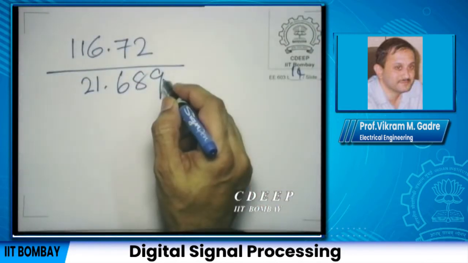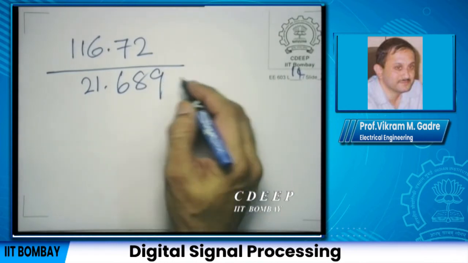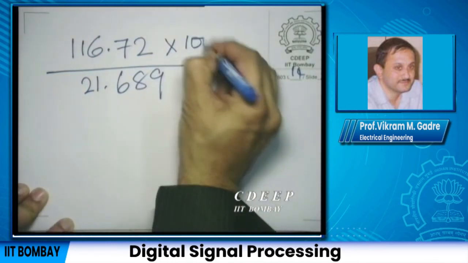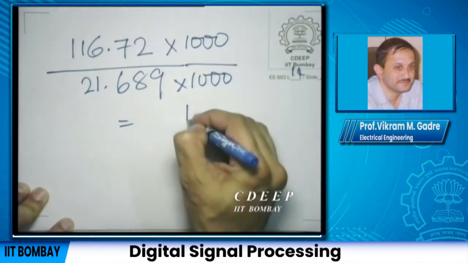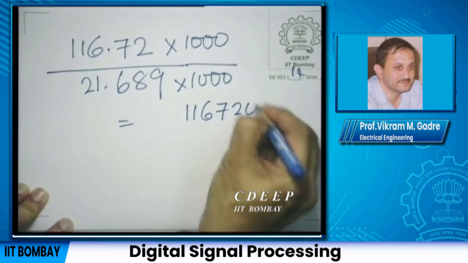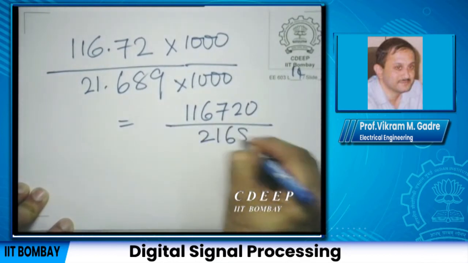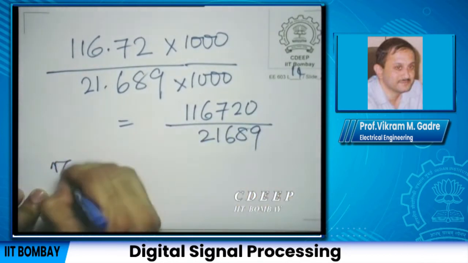In fact, even if I put 689, it will be a rational number. Why is this a rational number? Because I can multiply the numerator and denominator by 1000. And that leads me to 116720 divided by 21689, which is a ratio of integers. So, it is rational.